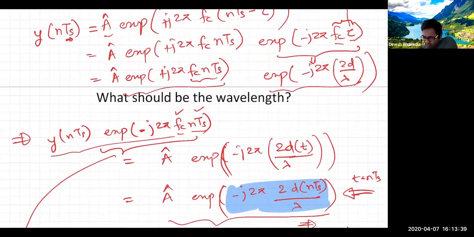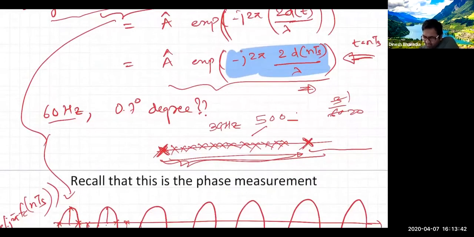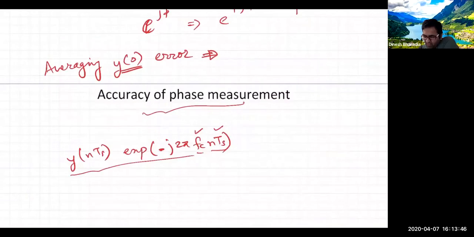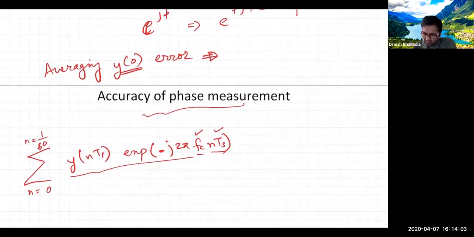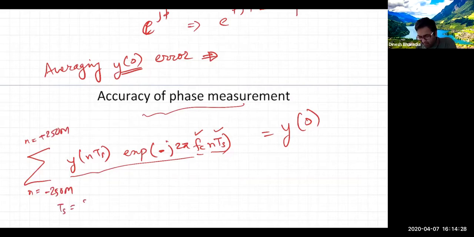So what is this math saying really? Mathematically, we are averaging this for n going from minus 250 million to plus 250 million, where TS is nothing but 1 over 3 giga samples per second.